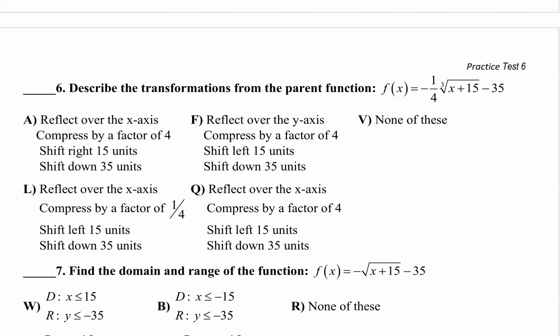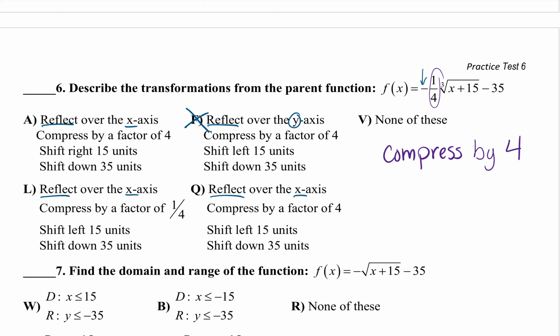Next one. First thing, this negative makes it reflect, so I have to have a reflect. Look at that, they all have reflect, except it has to be over the x-axis. We never reflect over y, so F is wrong. It's a fraction, so I automatically compress, and you only compress by the number on the bottom, not by the whole thing.